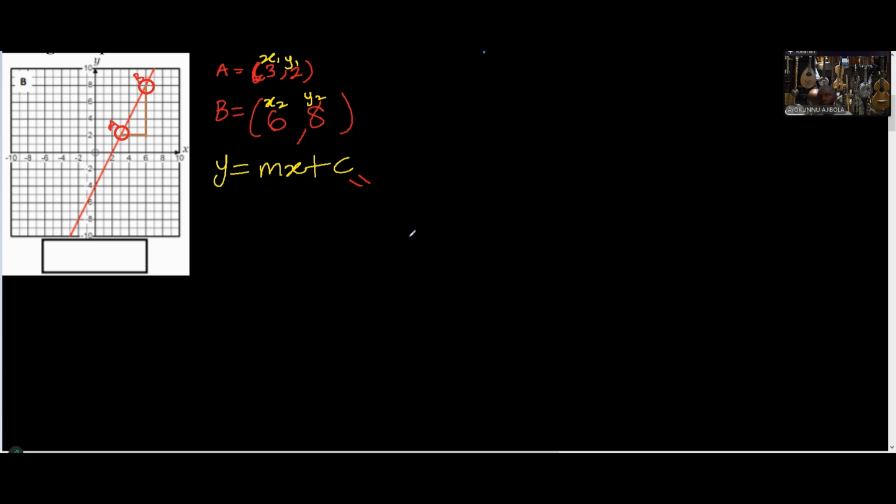Hold on. Where did the line cut the y-axis? Y-axis, not x-axis. This is x. This is y. So where did the line cut the y-axis? The red line, where did it cut this y-axis?